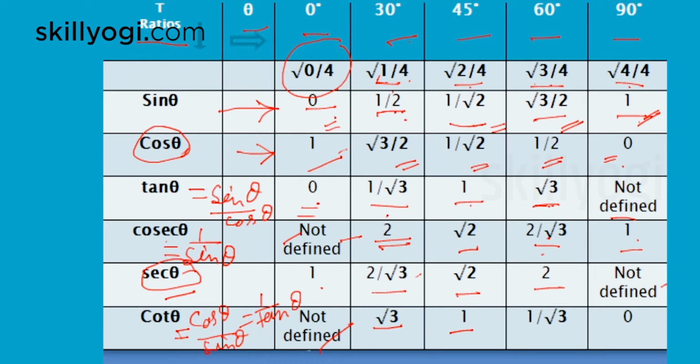Root 3 by 1 by root 3 is 1 by root 3 here, and not defined by 0 will be 0. These are the values of 0, 30 degree, 45 degree, 60 degree, 90 degree of sin theta, cos theta, tan theta, cosec theta, sec theta, cot theta.